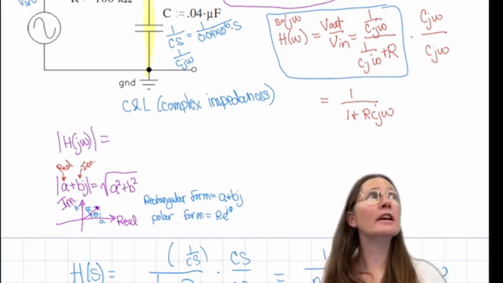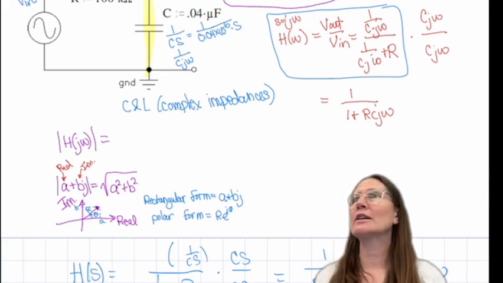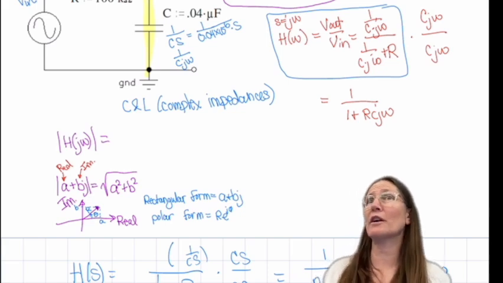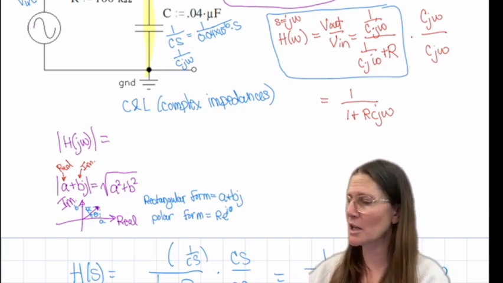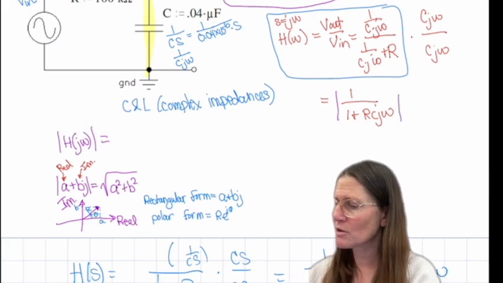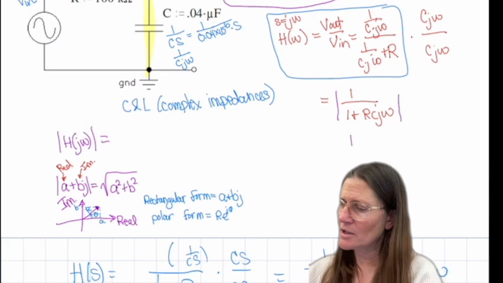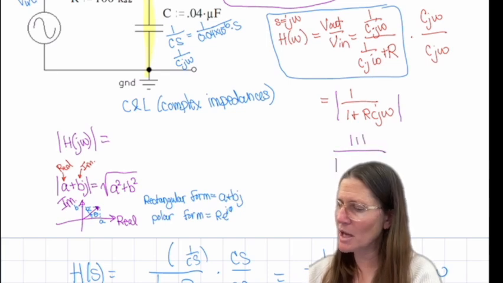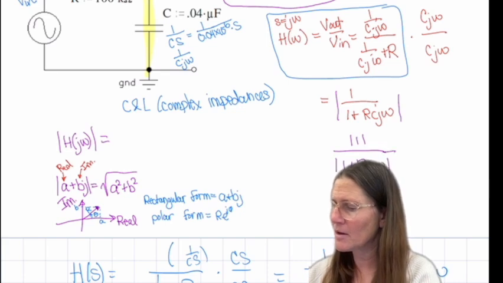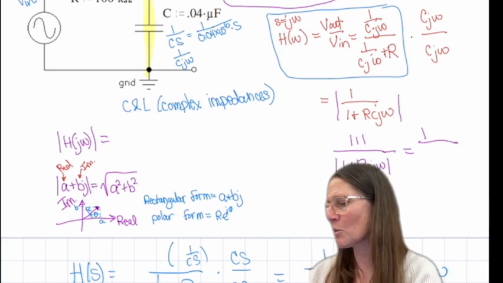And then I could take the magnitude of the bottom portion, and that is going to be the square root of a squared plus b squared. So when I take the magnitude, I take the magnitude of the top and the magnitude of the bottom. This one ends up being 1.